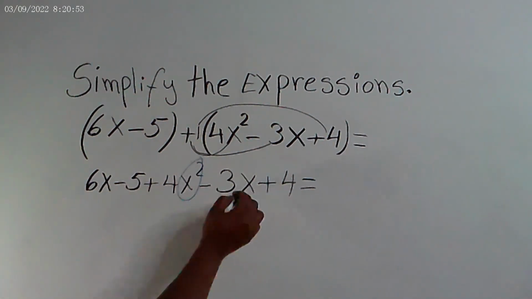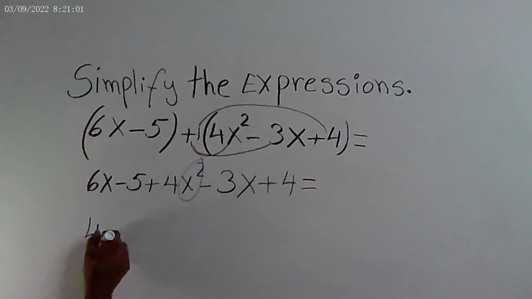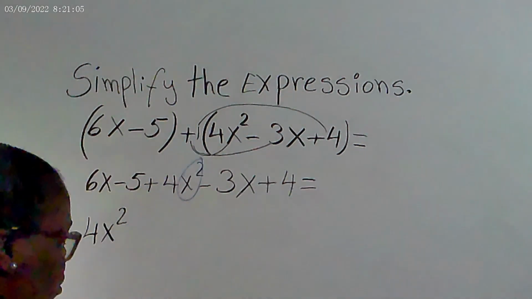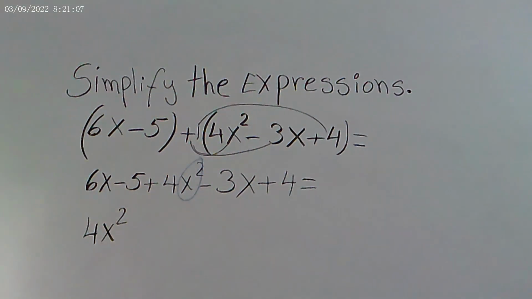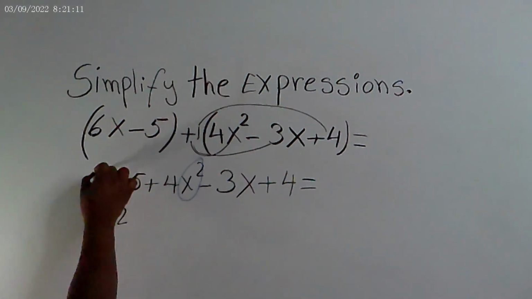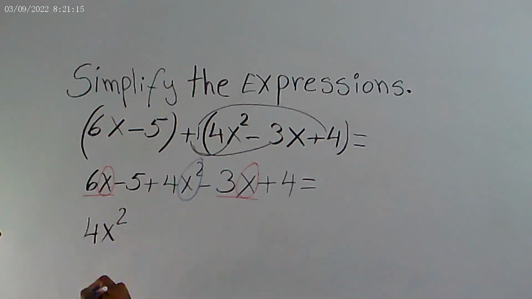There is no other term that has x squared, so that will stay by itself. Let me use another color for the other one. So right there, you have the x here, and here you have an x there. So we can collect them.